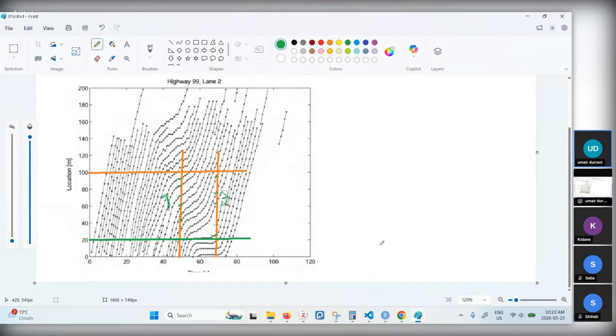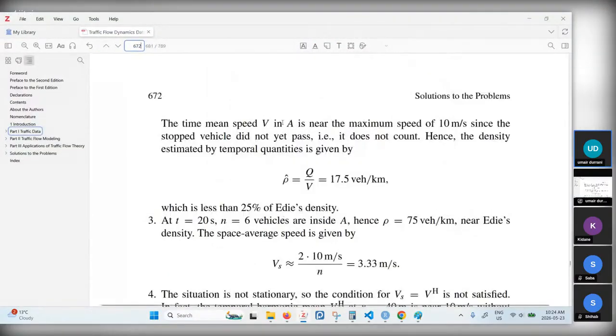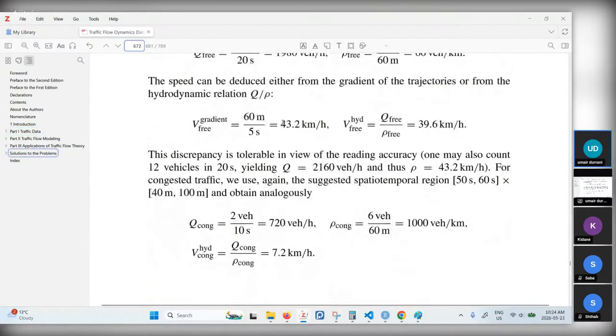So here we clearly see the difference because when they entered, we can see upstream they had higher speeds. But when they entered, they slowed down, and then only three vehicles left at t equal to 70 seconds. So that means that there is a significant change in their speeds here. And so based on that, if we estimate the density, that would show us different numbers.